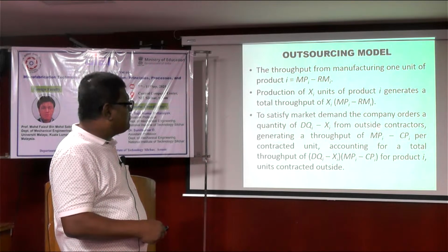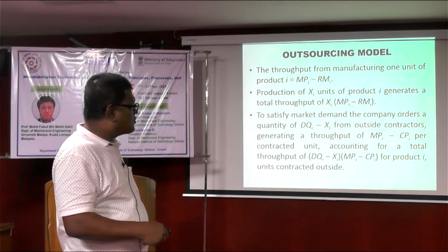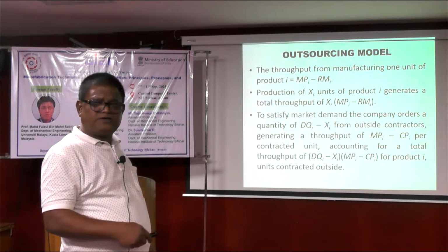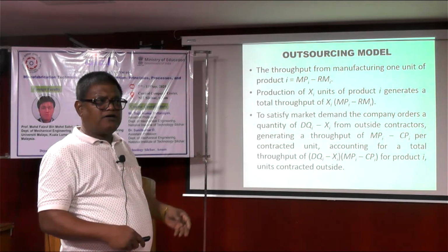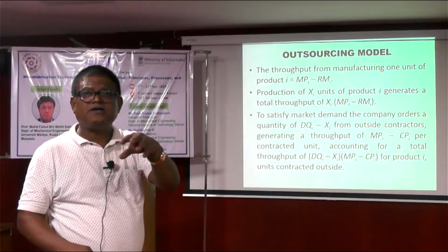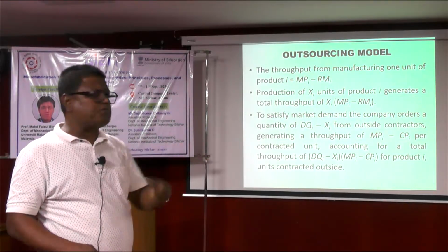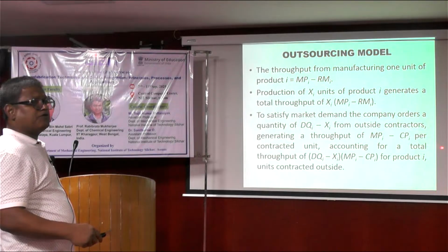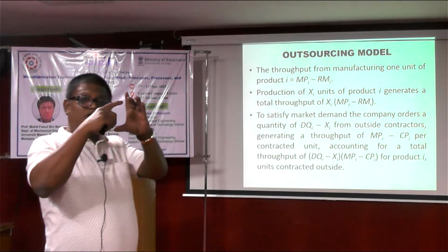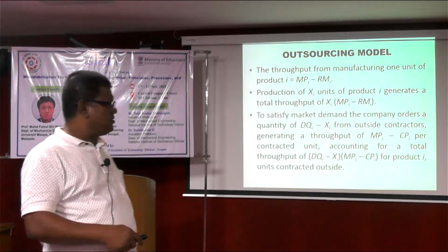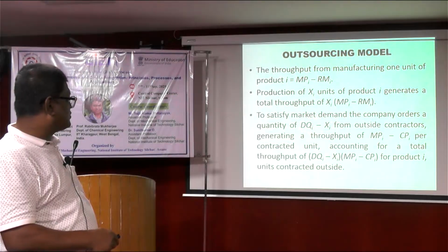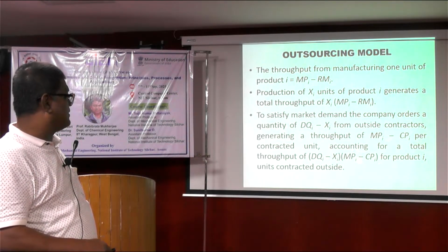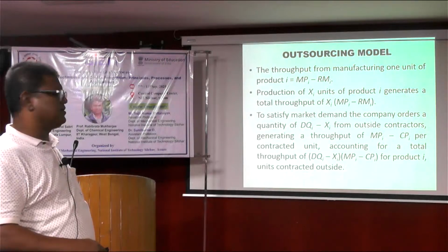So for one piece of contracted item of product I, the throughput is market price minus contractor price. That is the difference between my selling price and the contractor price I pay for the contracted unit. For the total outsourced quantity, DQI minus XI, the throughput is (DQI minus XI) into (MPI minus CPI).